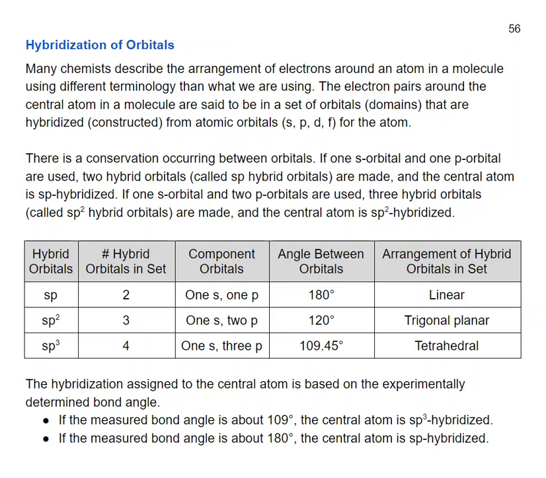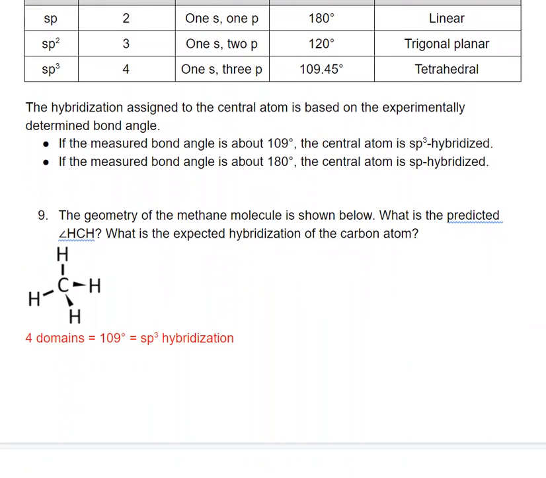If we used one s and two p's, we would make a total of three orbitals that are called sp2 hybrid orbitals. We can assign the hybridization based on the experimentally determined bond angle, which is, of course, related to the shape of the molecule.